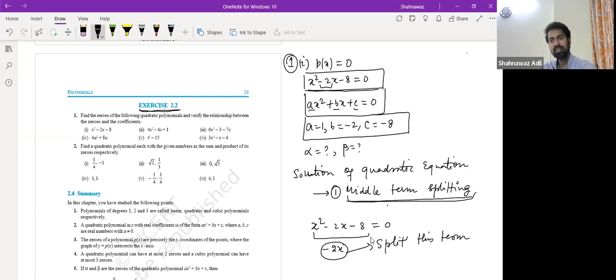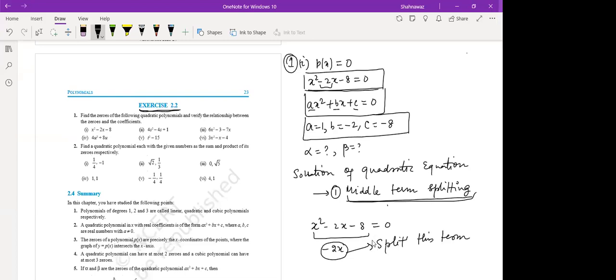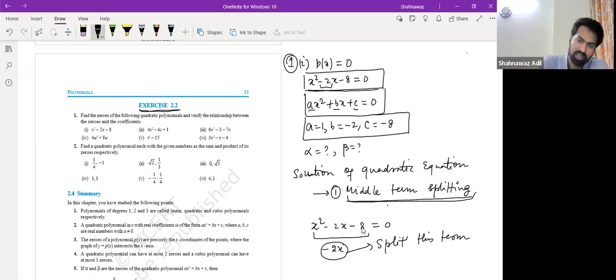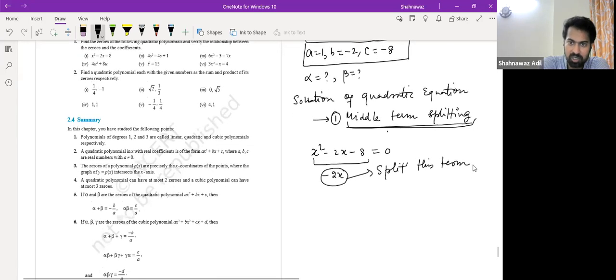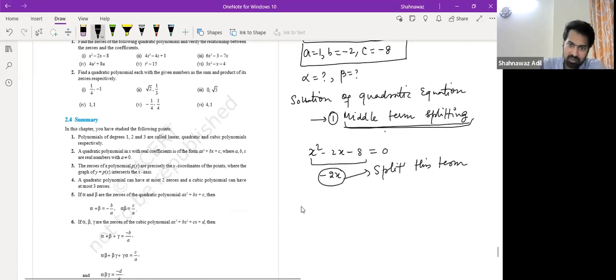The factors of 8 will be 2 and 4, the product is 8. So 4 minus 2 gives us 2. So we can choose those two numbers. It is good that you already know the criteria of middle term splitting. As you said, first we have to take the product of a and c, which is this 8.